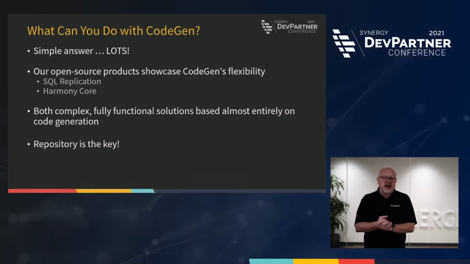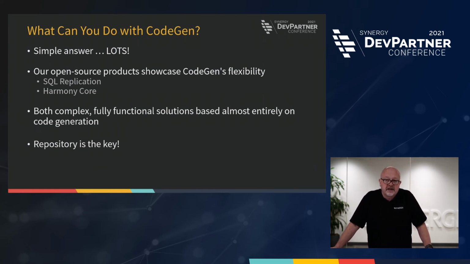What can you do with CodeGen? Well, it's very difficult to define because you can do an awful lot of things with it. If you look at a Harmony Core solution, for example, I'm going to say that in most final Harmony Core products, probably upward of 98% of the code that makes up that entire service, in terms of the Synergy code, comes straight out of CodeGen. Obviously there's a lot of code in the Harmony Core libraries themselves.